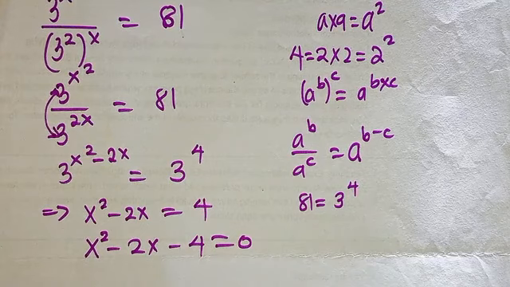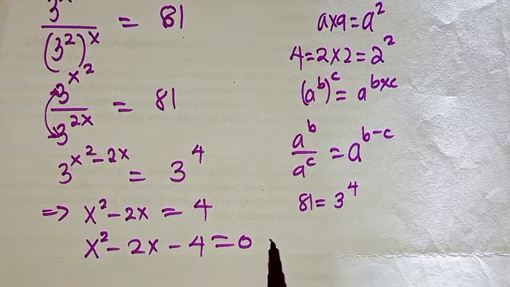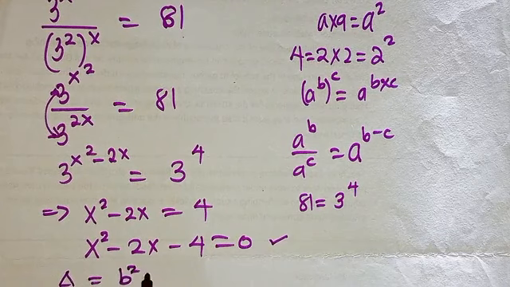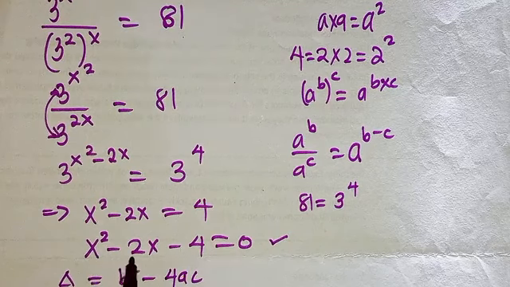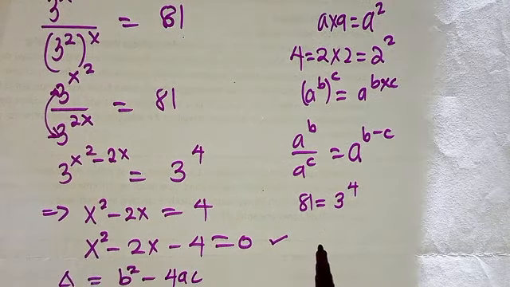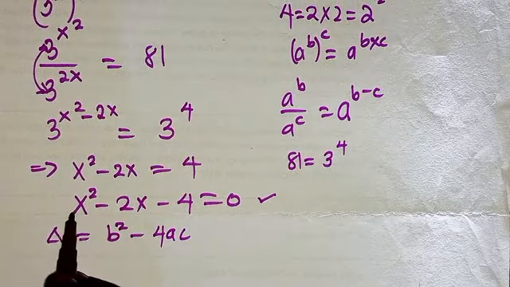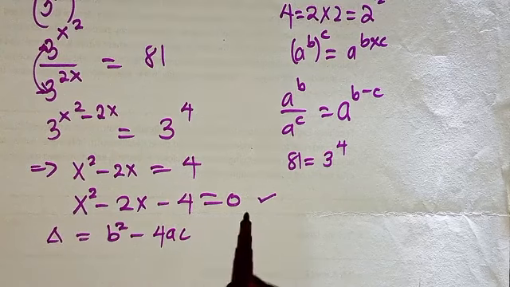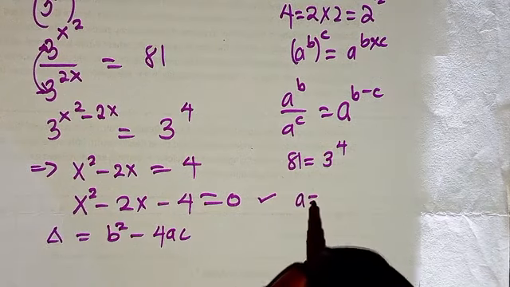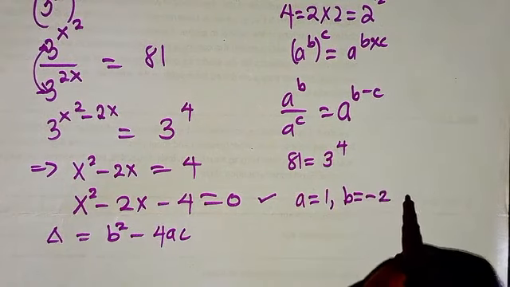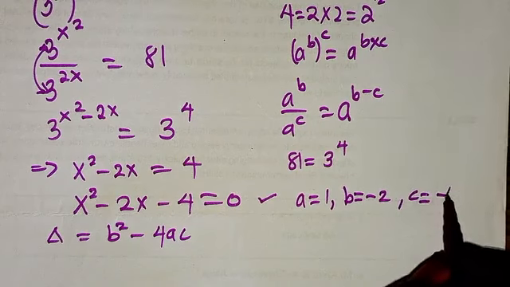Before that, let's see the nature of the roots of this quadratic equation by taking the discriminant, which is b squared minus 4ac, right? From this quadratic equation, we can bring out the coefficient of x squared, x, and the constant term: a will be 1, b will be minus 2, and c will be minus 4.